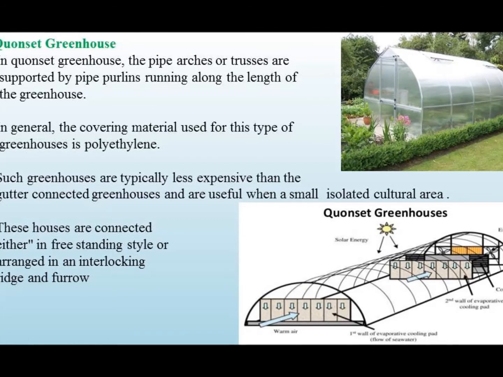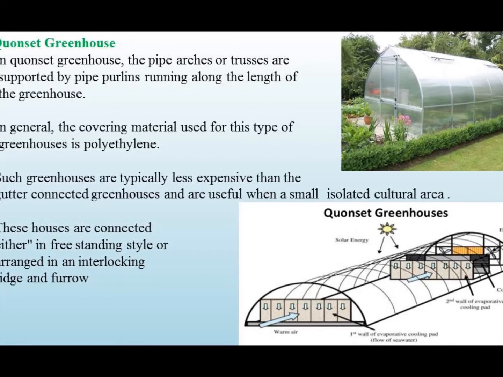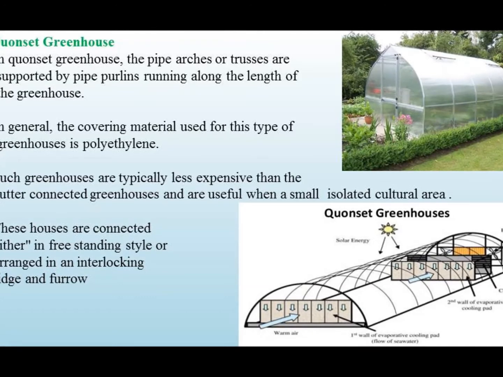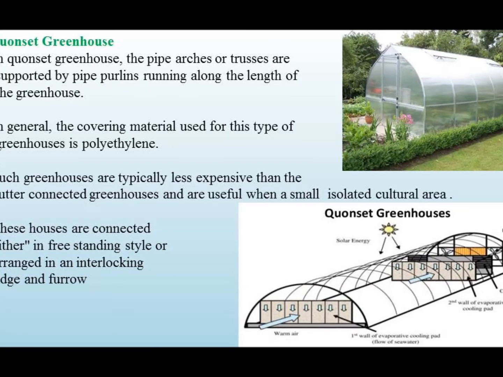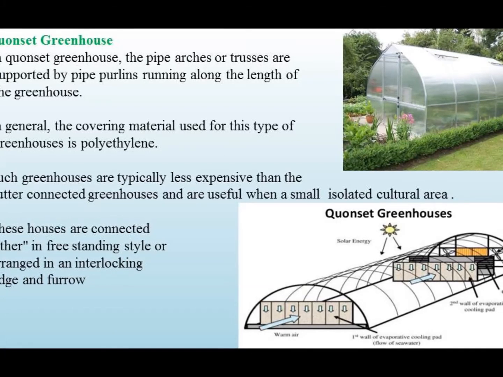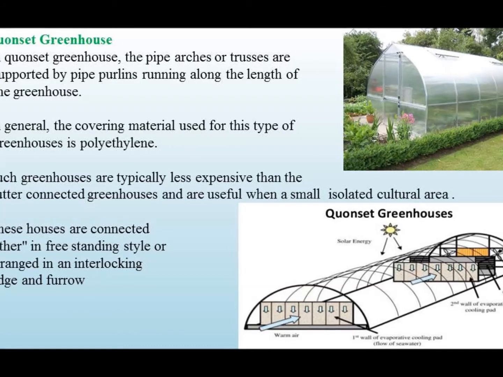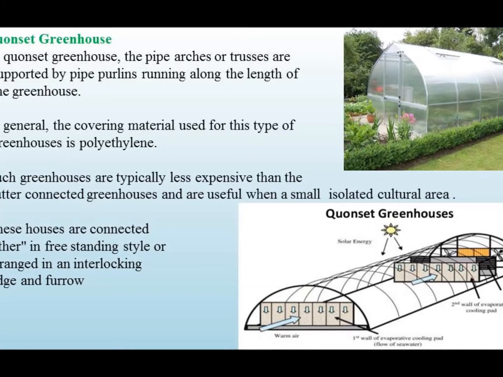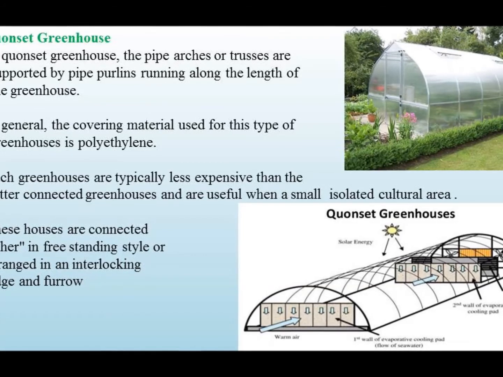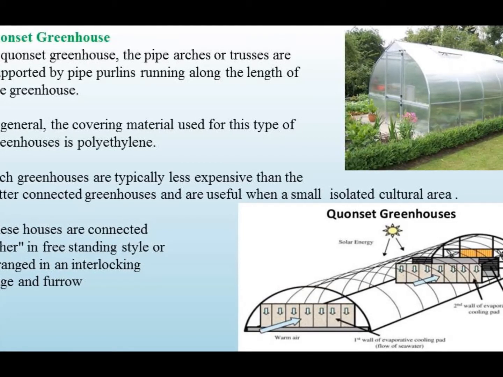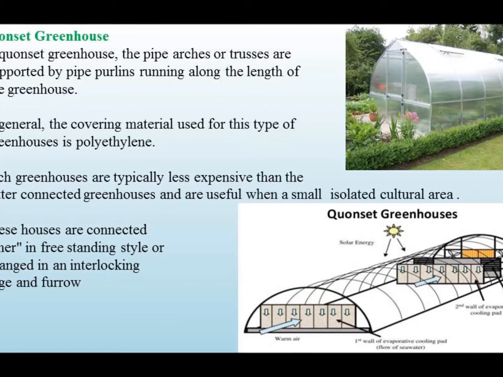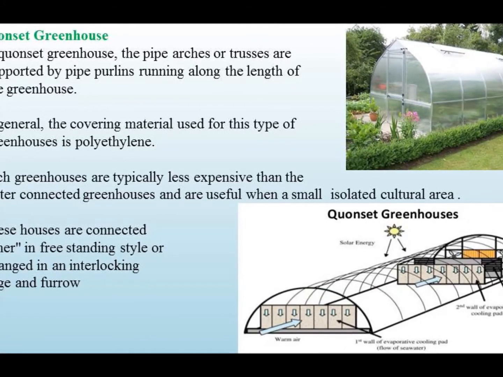If we think about the second type, the interlocking ridge and furrow type of quonset greenhouse, in this type, truss members overlap each other and plant beds are allowed to grow in between the overlapping portions. It helps to utilize the maximum area under the polyhouse, increasing the plant population and getting maximum yield inside the polyhouse.